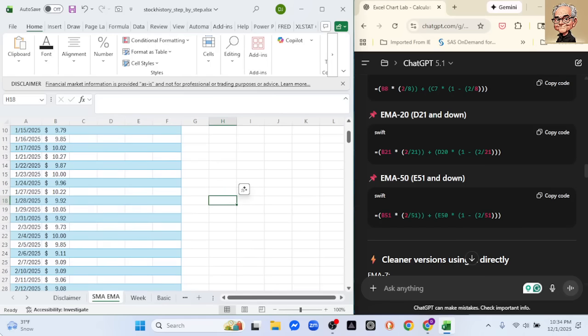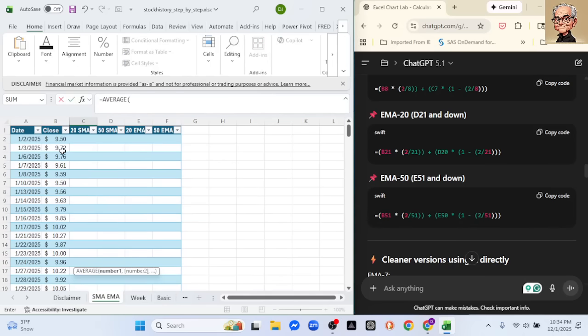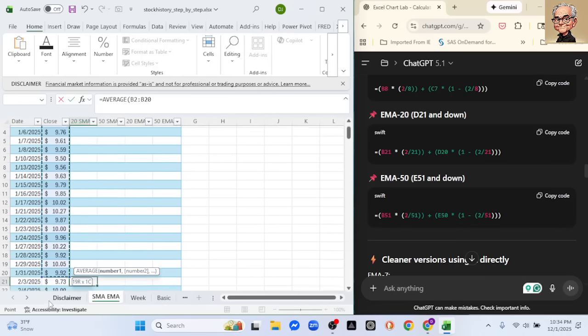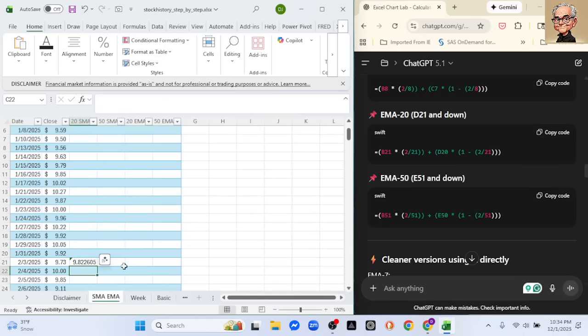So let's begin with the simple moving averages, and you can see they really are simple. We're going to say 20 days, then we're going to do 50 days.